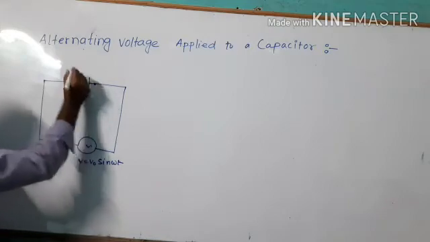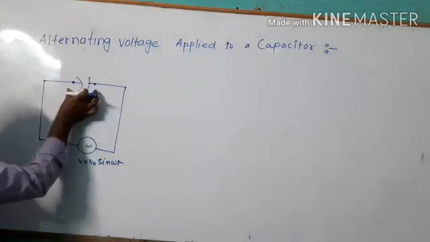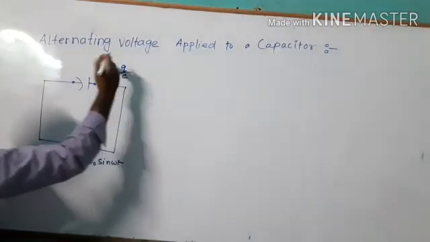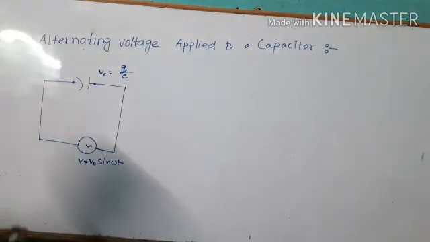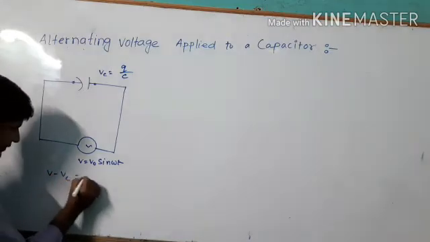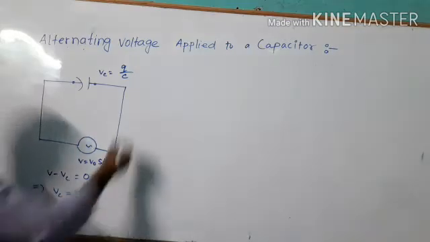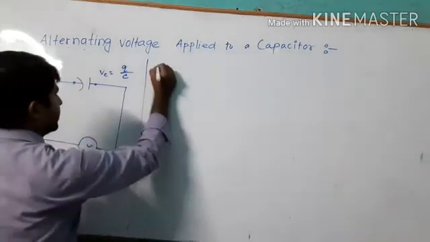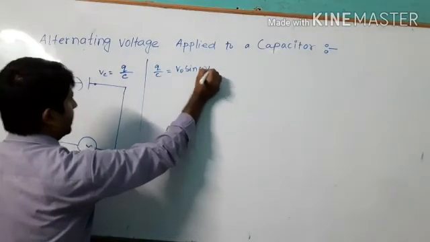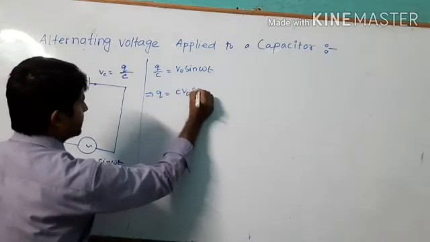So say at an instant the charge inside this capacitor is Q. So the voltage difference across this capacitor is say VC equal to Q by C. Again we are using Kirchhoff's voltage law. So here we can write V minus VC equal to 0. So VC equal to V. Now what is VC? It is Q by C equal to V0 sine omega t. Now Q is C into V0 sine omega t.